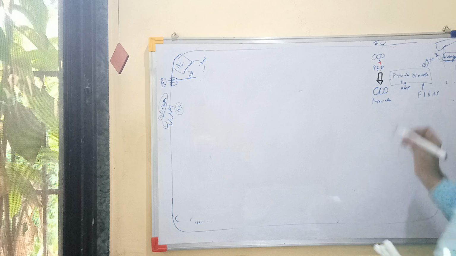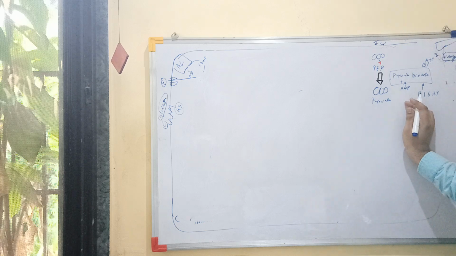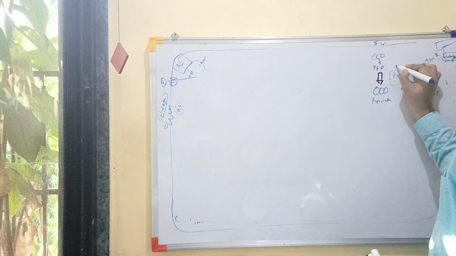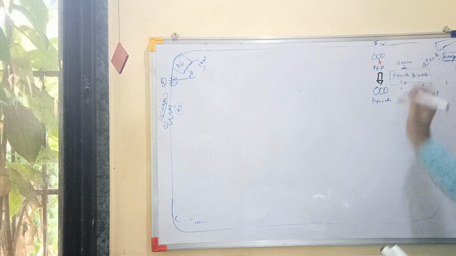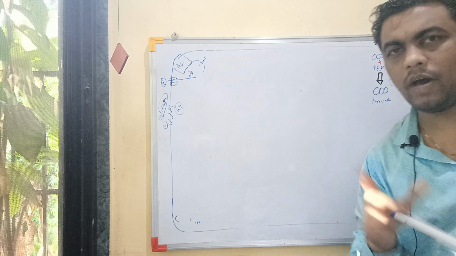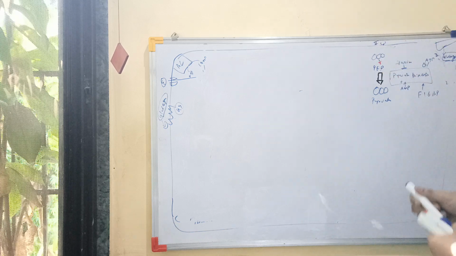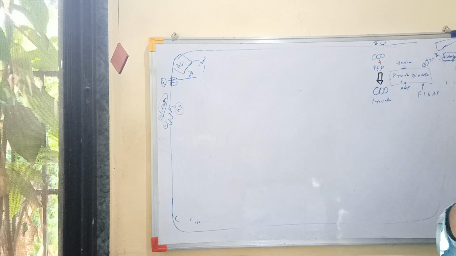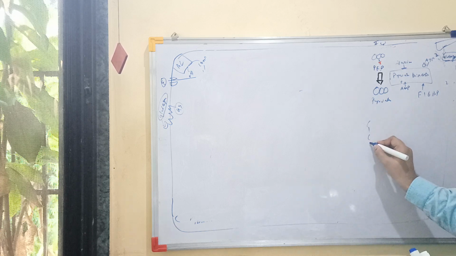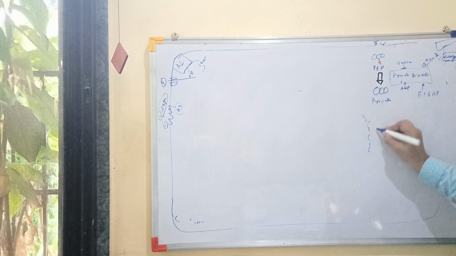There is one more regulator over here, which is alanine. Alanine inhibits. I will tell you why I am talking about alanine in a minute. If you talk about phosphoenol pyruvate, let us see the structure once, so you will be very clear what we are talking about. This is our phosphoenol pyruvate.